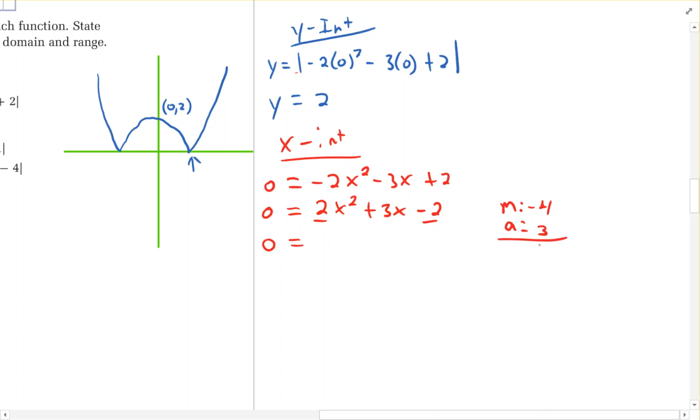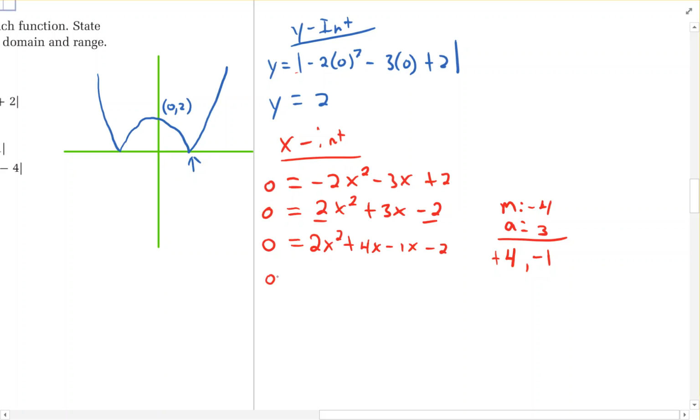So what about 3 and 1? And then positive 3, negative 1. Whoops, I meant 4 and 1. 4 and negative 1, there you go. Okay, so now let's write this with those numbers in there. So we've got 2x squared plus 4x minus 1x minus 2.